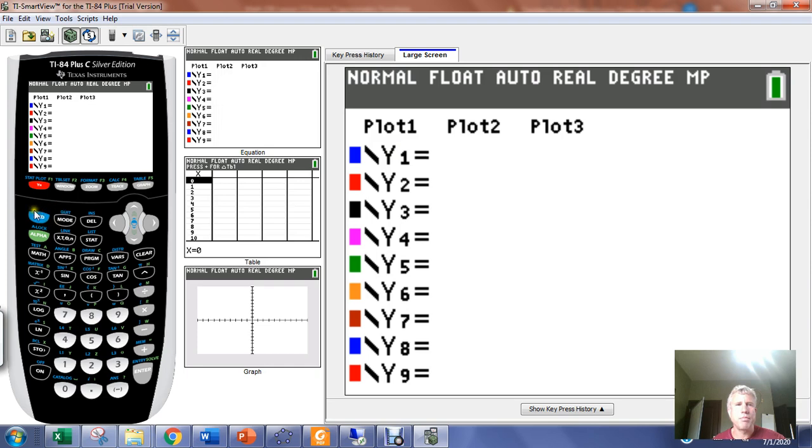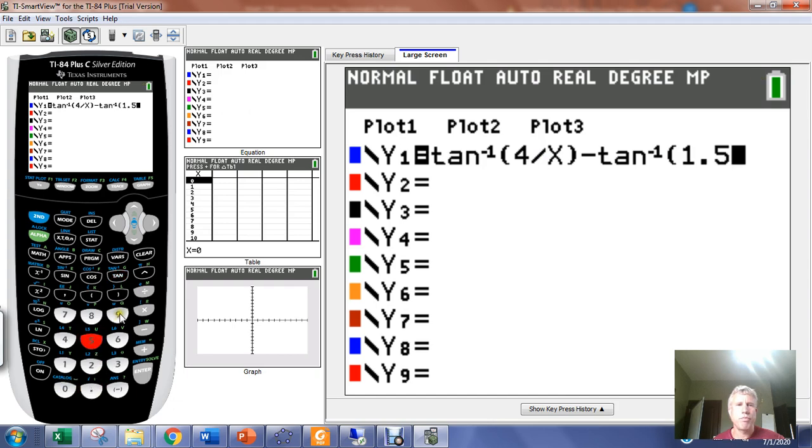I'm going to use the second button right here, second tangent, to get the tangent inverse to feed in, and it's going to be 4 divided by x to get 4 over x, and then it was minus second tangent to get the tangent inverse, and the second expression was 1.5 over x, so 1.5 divided by x.